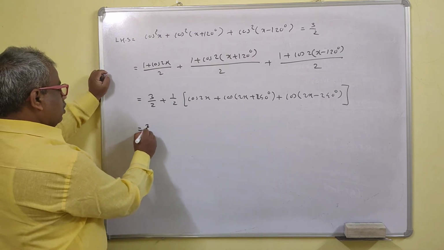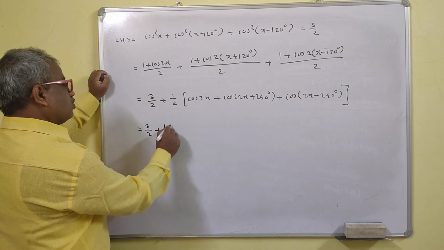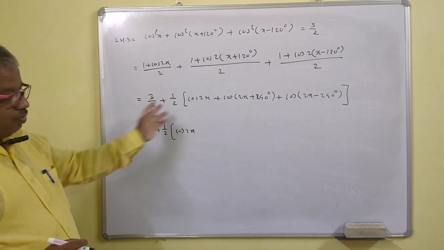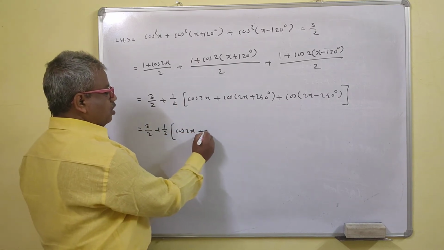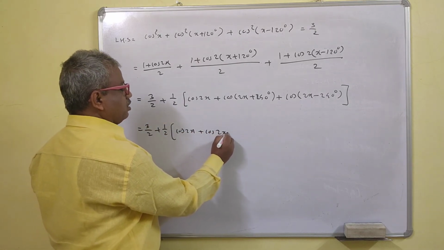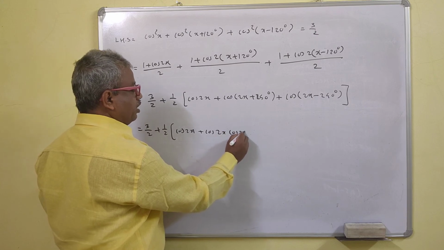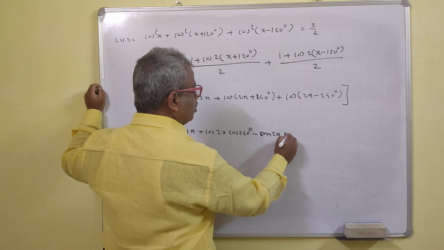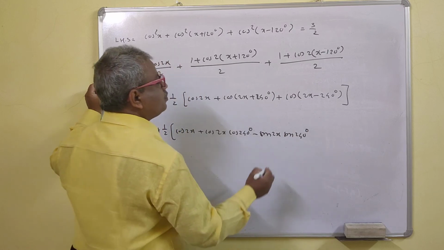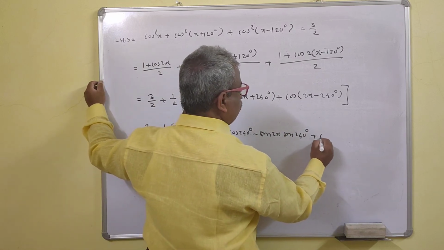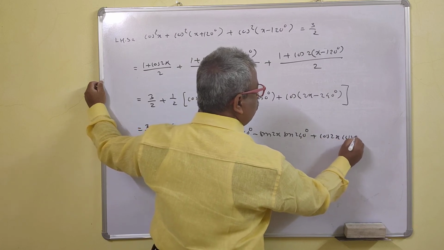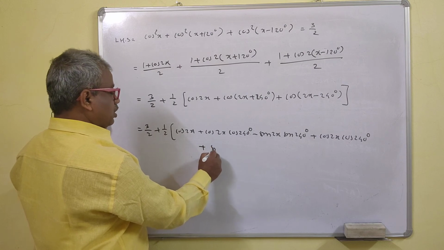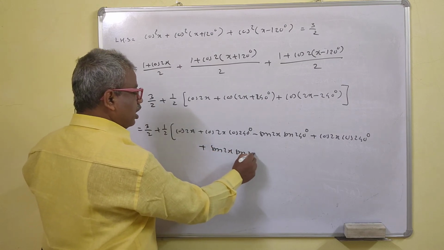So 3 by 2 plus 1 half cos twice x. Okay, now we'll split this. So this is cos twice x cos 240 degree minus sin twice x sin 240 degree. Then plus cos twice x cos 240 degree plus sin twice x sin 240 degree.